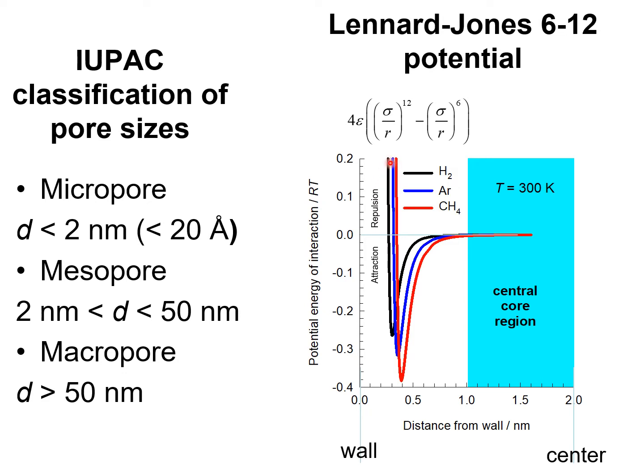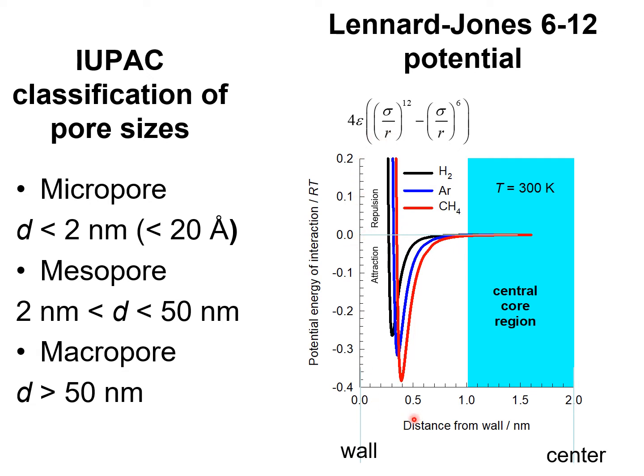For hydrogen, the potential energy of interaction is shown by the black lines. For argon, the interaction energies are shown in blue, and for methane, the interaction energies are drawn in red.